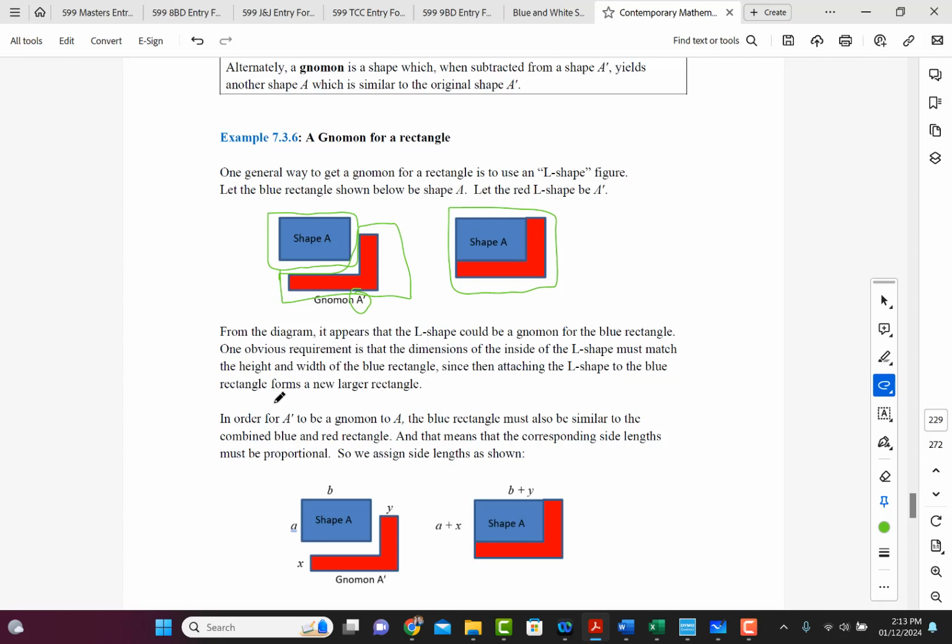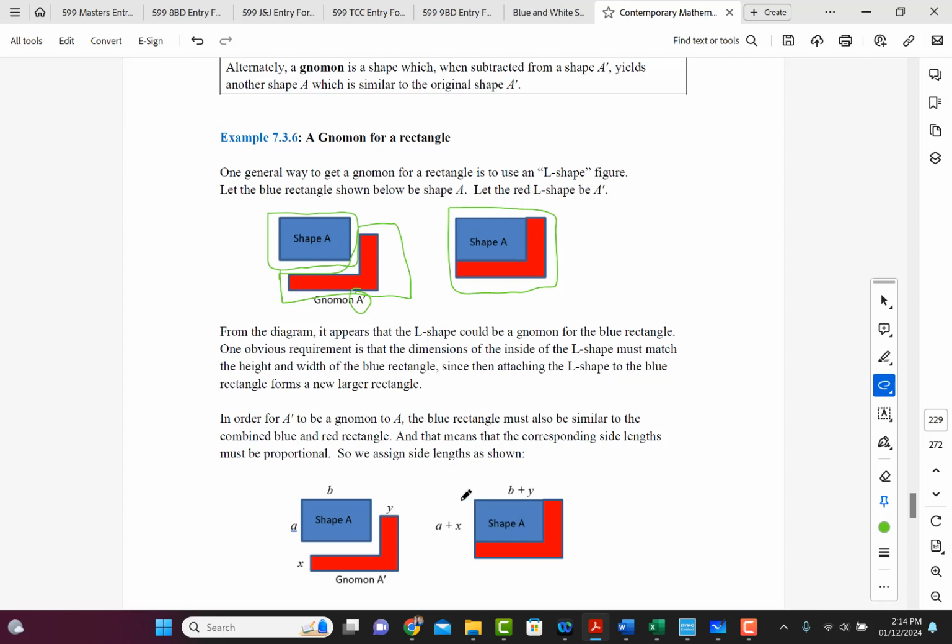In order for A prime to be a nomen to A, the blue rectangle must also be similar to the combined blue and red rectangle. And that means the corresponding side lengths must be proportional.